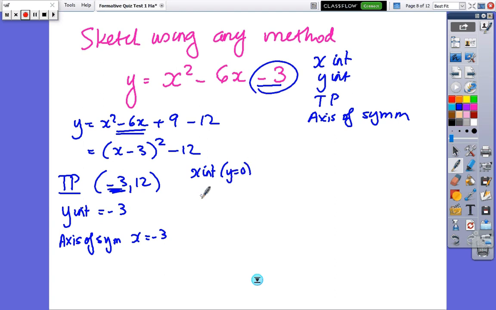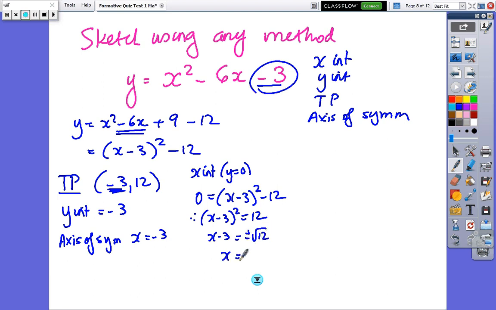So 0 equals x minus 3 squared minus 12. So x minus 3 squared equals plus 12, so x minus 3 equals plus or minus root 12, so x equals positive 3 plus or minus root 12.